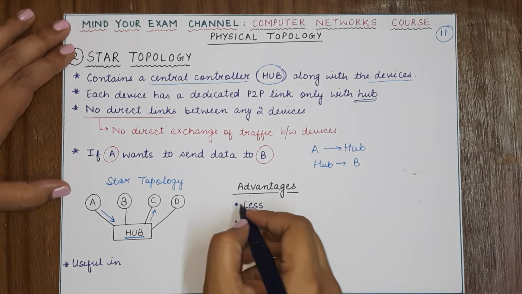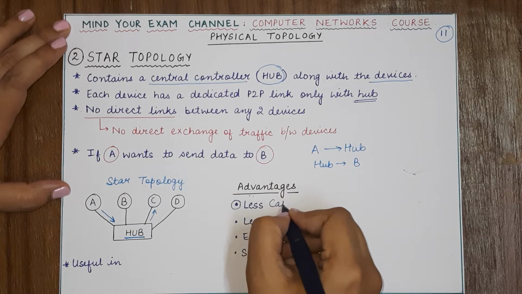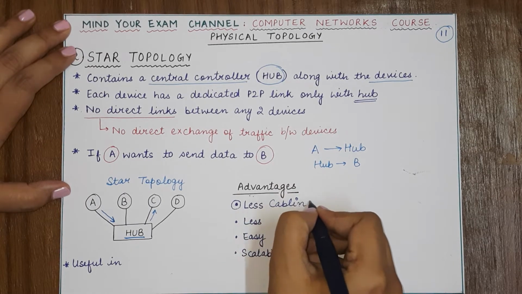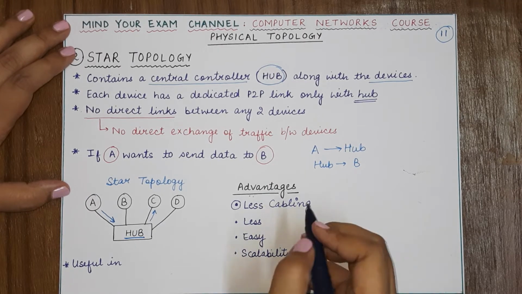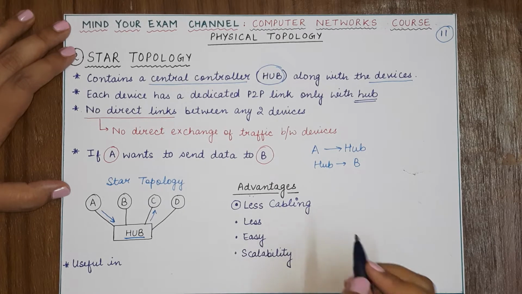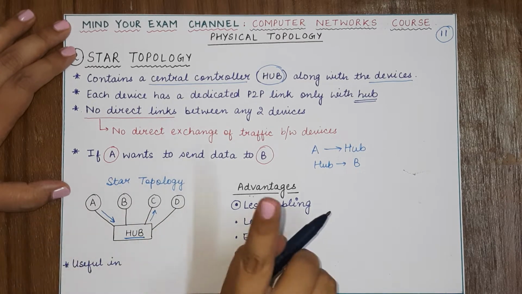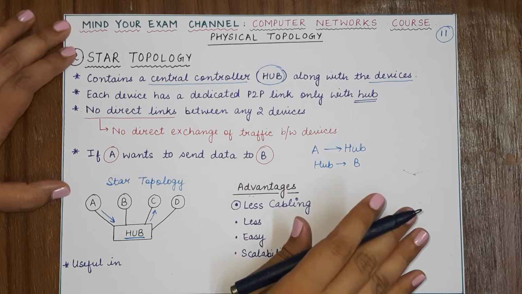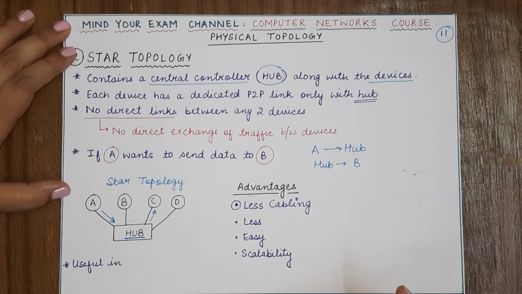So starting with the first advantage, this star topology definitely requires a lot less cabling or a lot less hardware resources as compared to mesh topology, because each device has to have only a single connection, and that connection will go to the hub. The devices need not be connected to each other.